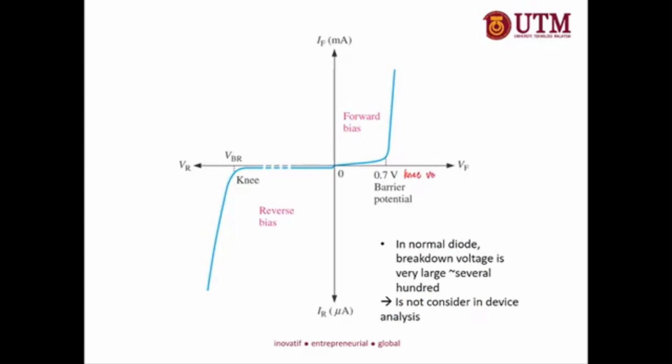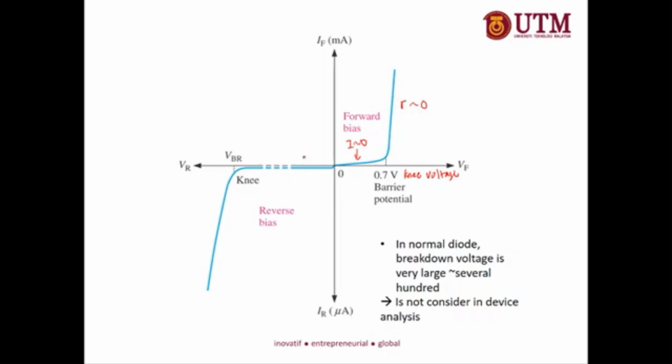In the case of silicon, this is 0.7 volt. Below the knee voltage, the current is very low, almost zero. But above the knee voltage, the current is high, and the resistance is almost zero. The AC resistance at the on state here is almost zero.